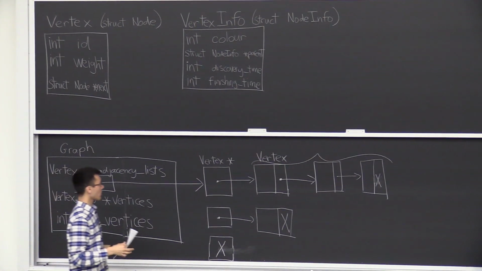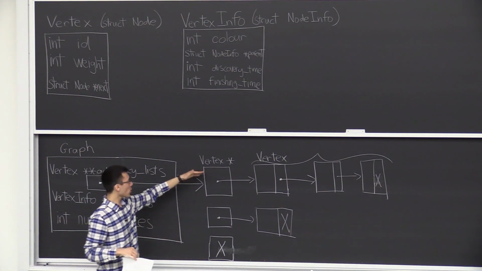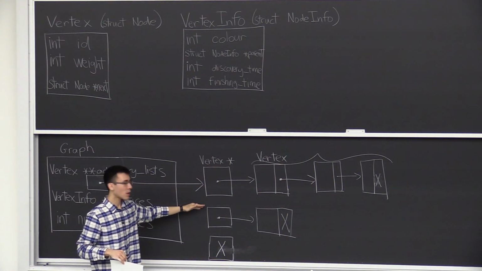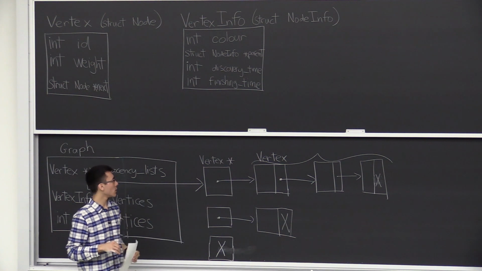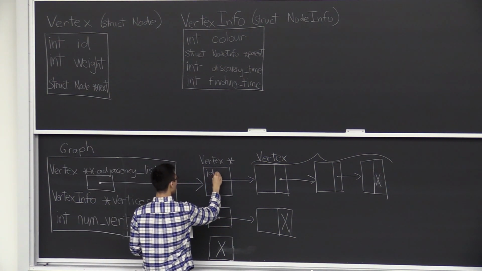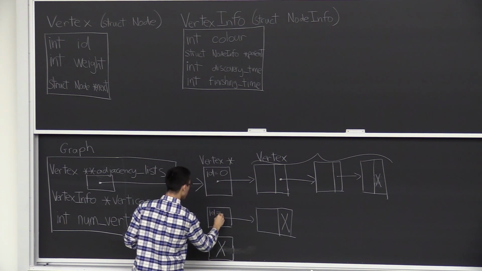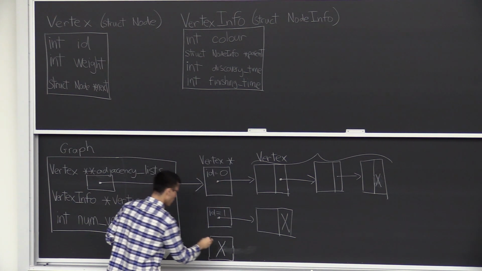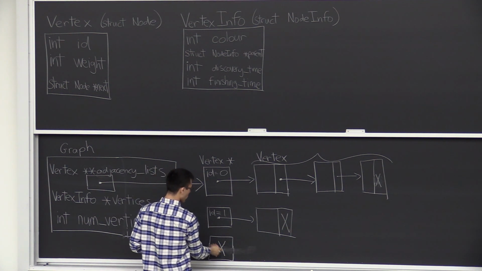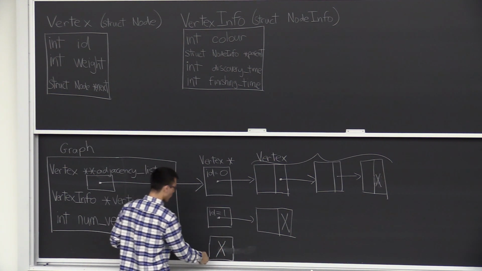Okay, so how I'm going to do it is that the order in which I have these vertices is going to correspond to a unique vertex. So let's say that this has an ID of 0. This has an ID of 1. And this would correspond to an ID of, let's say, 3.